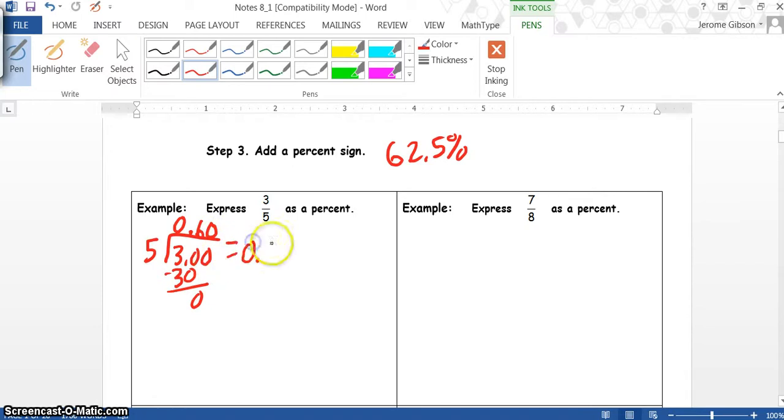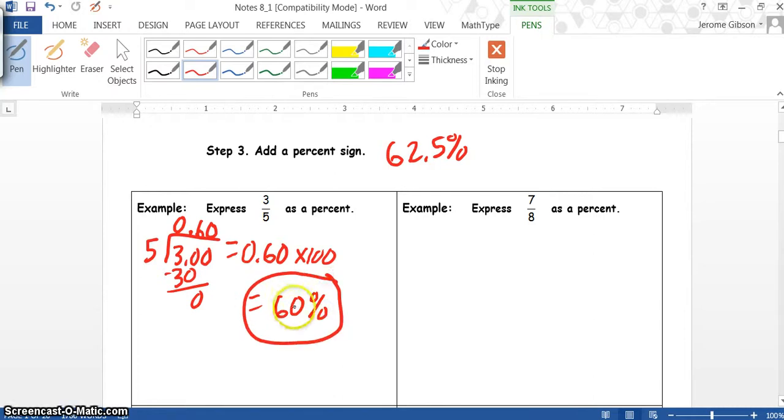So this will give us 0.60. Now remember, we're going to multiply this by 100, and this will give us 60. And we will add a percent sign at the end. So it'll be 60%. So we divide, multiply by 100, then add a percent sign.